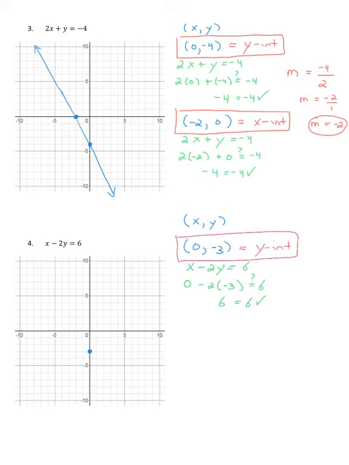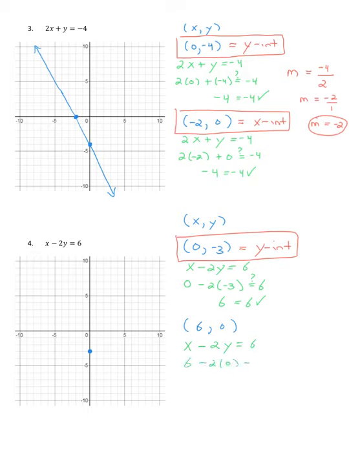So we need one more point. For this one, I'm going to let y equal 0 and solve for x. If I put 0 in place of y, I'm just left with x is equal to 6. But just to verify this, my equation is x minus 2y is equal to 6. I'm putting 6 in place of x and 0 in place of y.